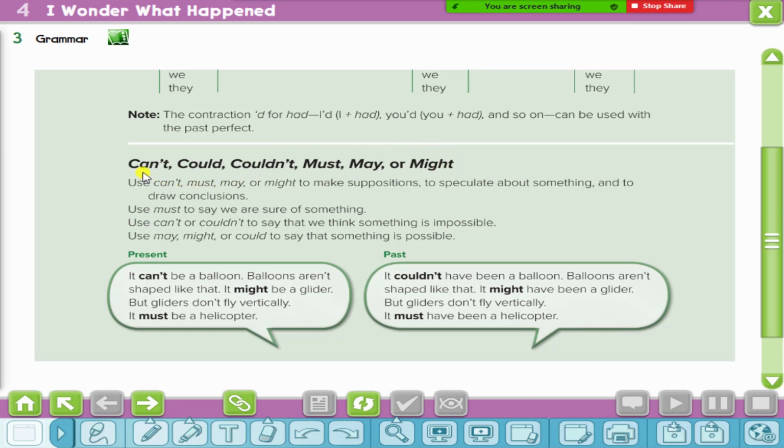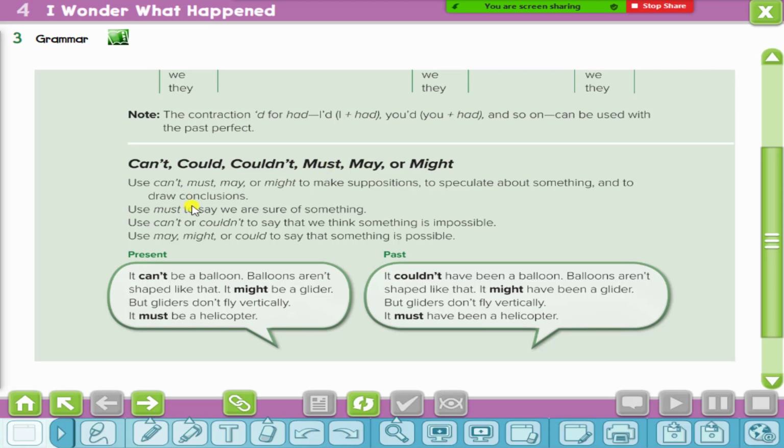We say I can't play football. I can play football. I could swim. I couldn't swim, and so on. So all of them come before the base form of the verb. Base form means the verb without ing, without ed, without s.